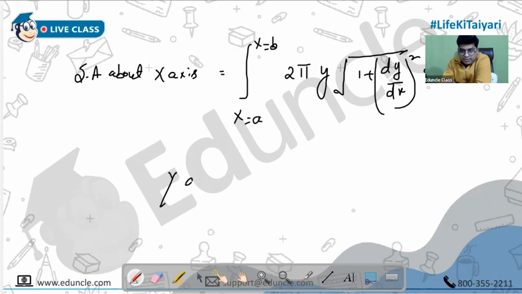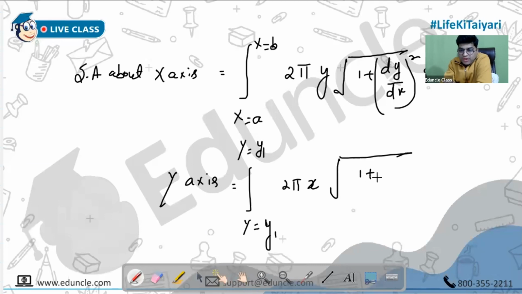If you take it about the y-axis, with limits like y equals y1 to y equals y2, whatever limit you take, it is 2 pi x, where x comes in place of y and y in place of x. You can replace everywhere and you will get the answer. Am I clear?